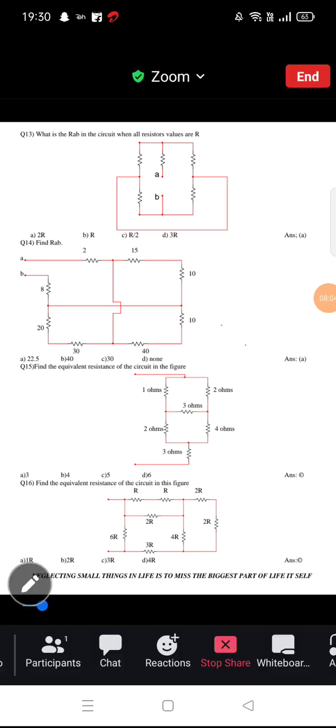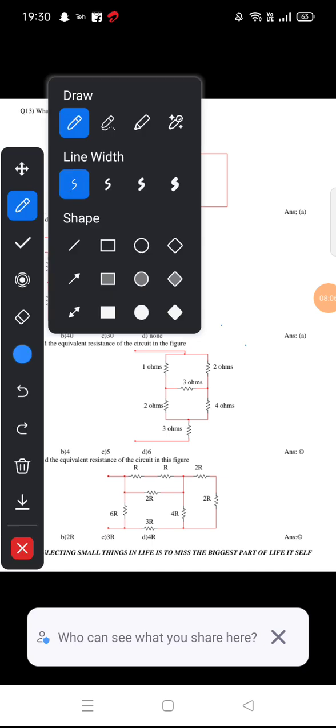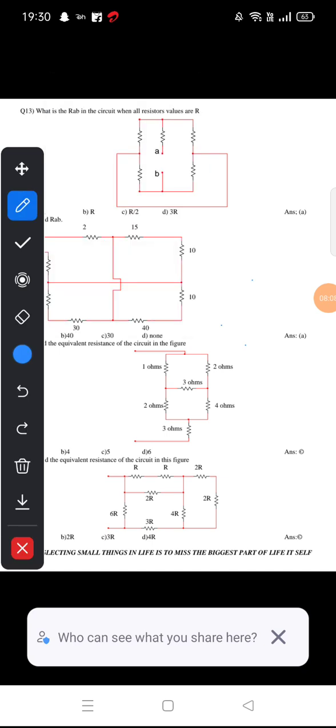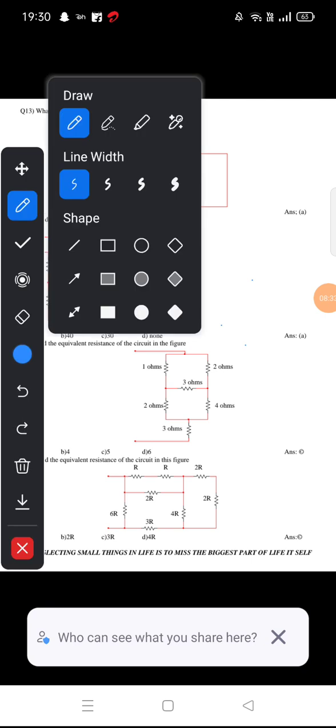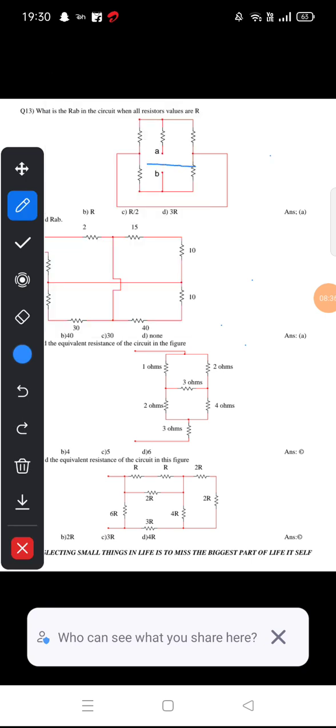Now from this circuit, assume this node as C, this node as D. From node C to node D there is a short circuit path, right? This is a short circuit path. This path will be replaced inside also, that means I can replace this C to D path inside.